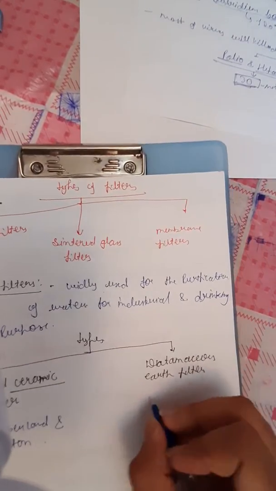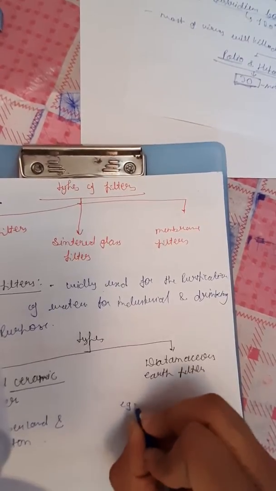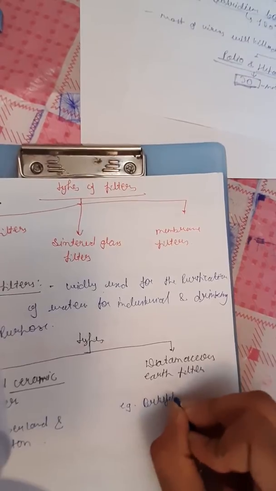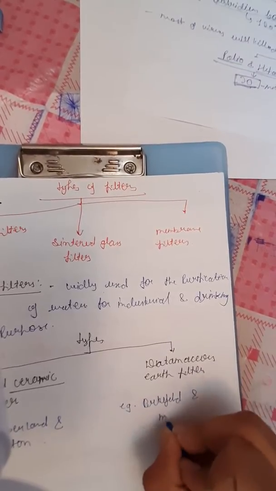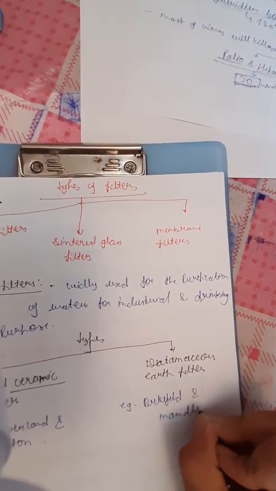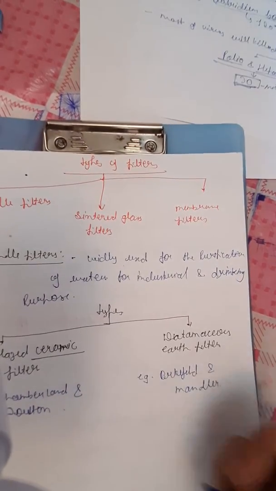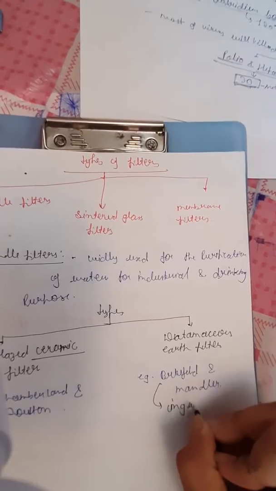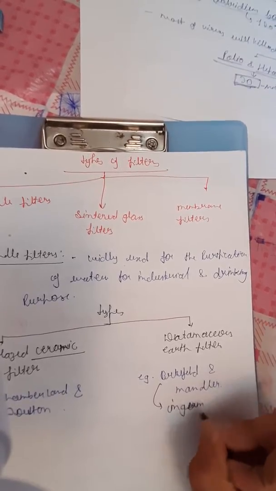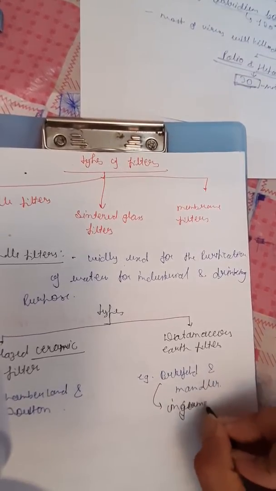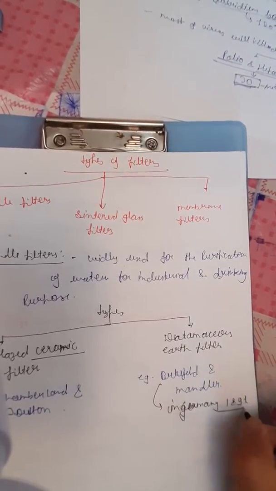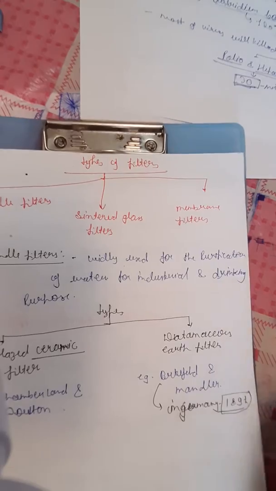And for diatomaceous earth filters, for example, there are Berkefield and Mandler. It was first used in Germany in 1891.